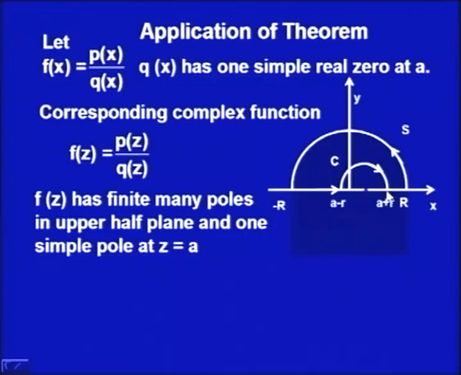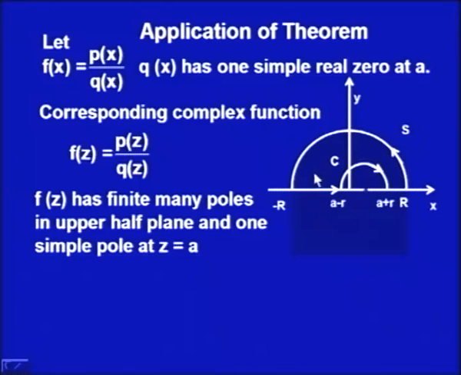Now we have a closed contour, and the poles we have are all inside this closed contour. The pole which we had on the real line, we have just escaped, so now we do not have any pole on the contour.